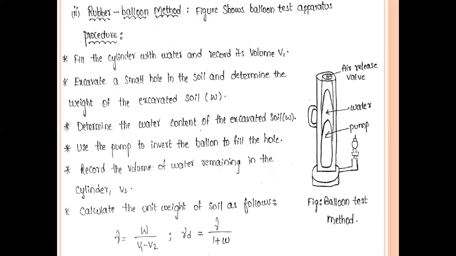Next one is the rubber balloon method. This figure shows the test apparatus. This is known as the balloon test method. Here at the top is the air release valve, and here is the water, and it is the pump.